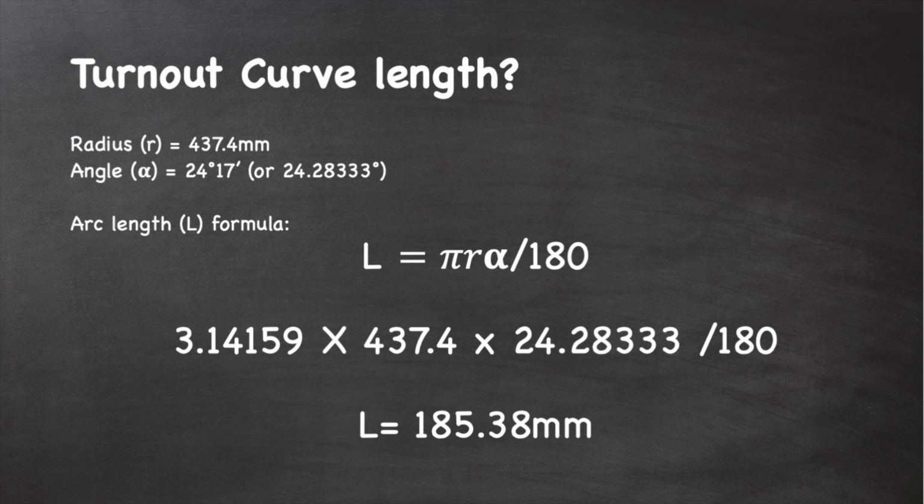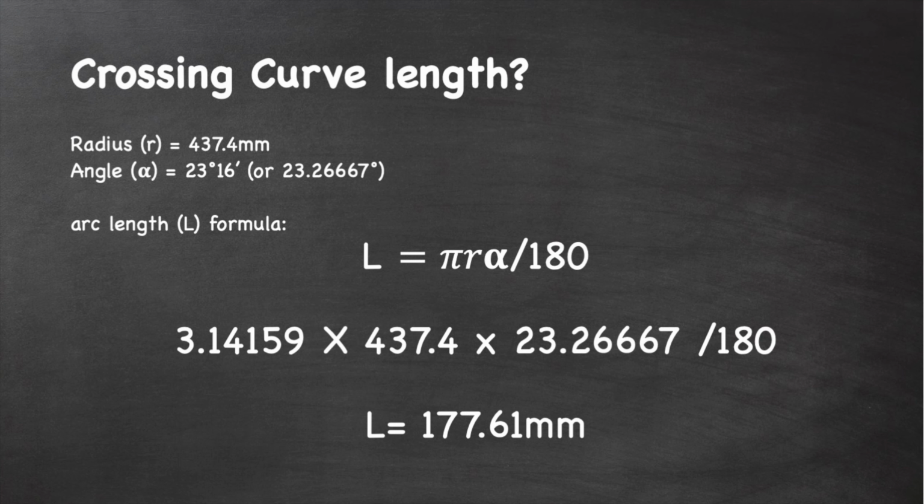To calculate the arc length, we'll use the formula pi times r times the angle divided by 180. Let's plug in our figures. That's pi times 437.4 times 24.28333 divided by 180. And this gives us an arc length of 185.38 millimeters.